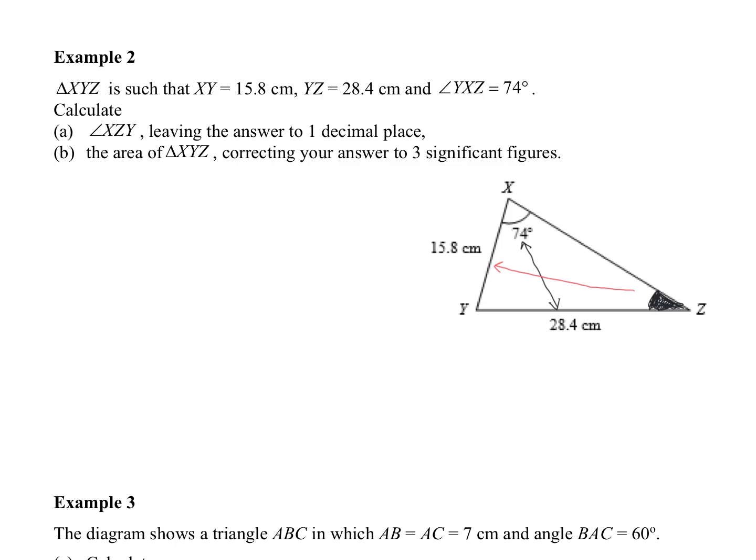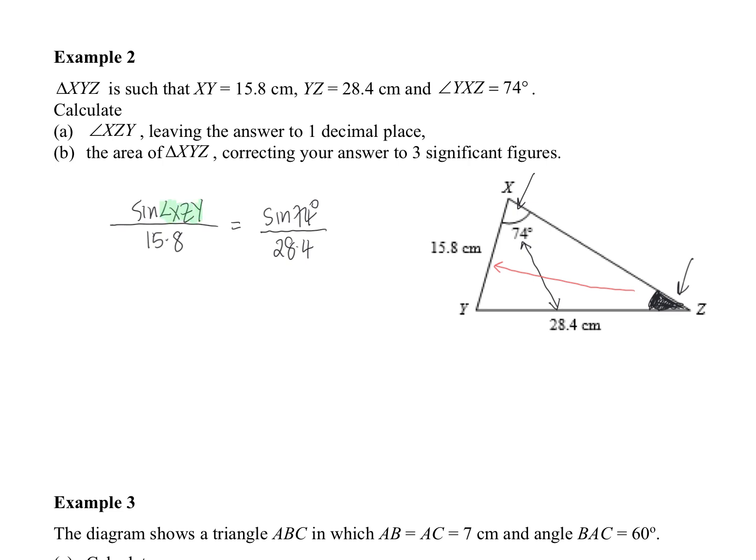So sine of this angle XZY over the opposite length. This is one pair. The other pair will be sine of 74 degrees. Don't forget your sine. I've had students who forgot the sine and just multiplied by the angle. Once you have that, your ultimate goal is to solve for this angle.